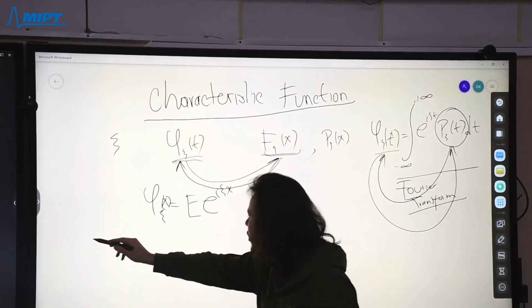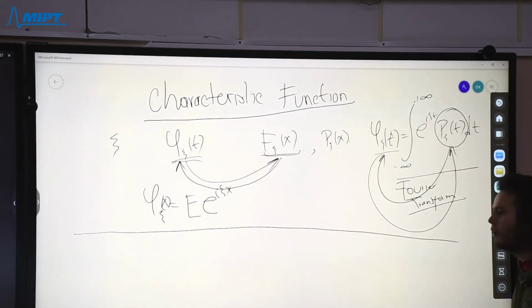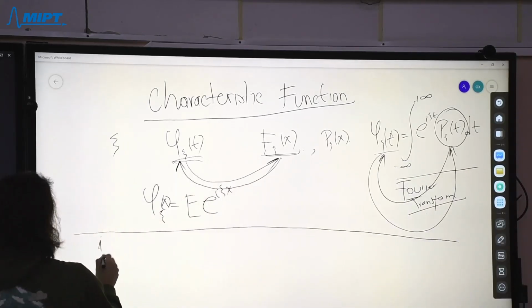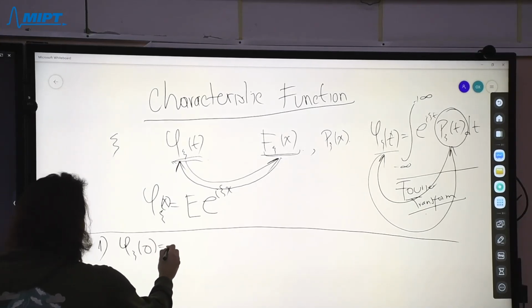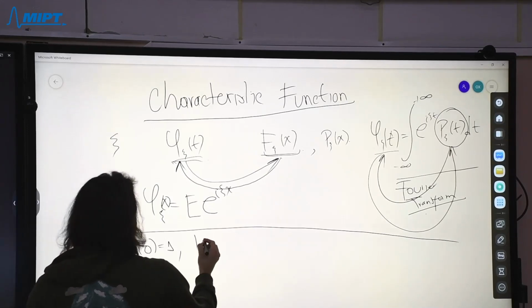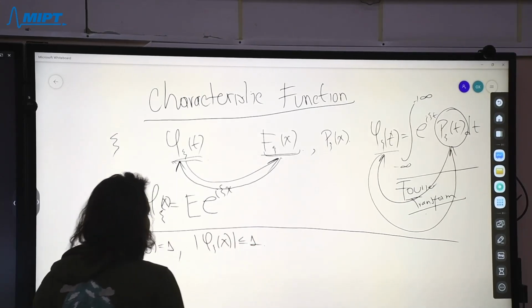Now, we already know all the properties of the characteristic functions. We know that the value of the characteristic function at 0 is 1. We know that the absolute value of the characteristic function is always less than or equal to 1.